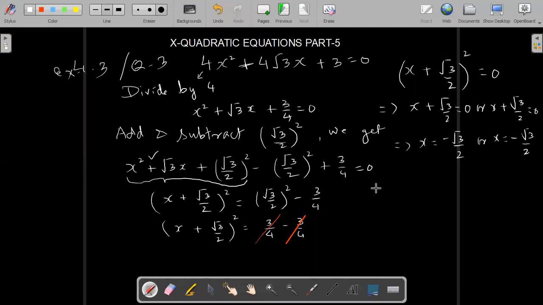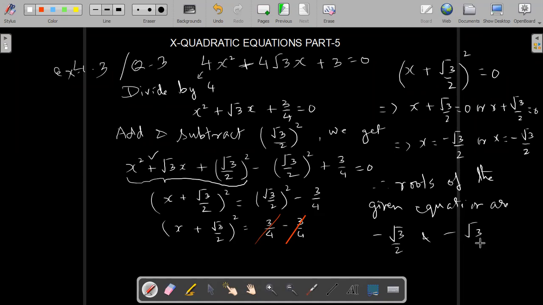Okay, so therefore the roots of the given equation are minus root 3 by 2 and minus root 3 by 2.